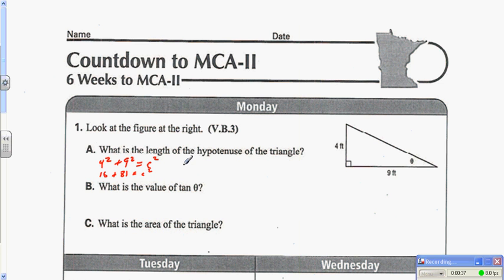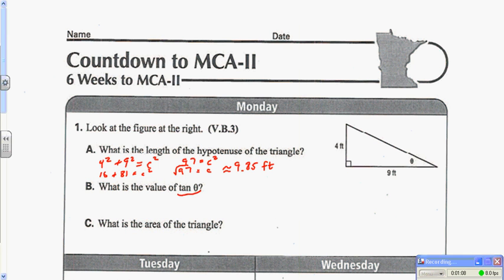Add those together, and we have 97 equals C squared. Square root both, and you get root 97, which is approximately 9.85, and our units are feet. It was squared until you took the square root, and it just became feet.